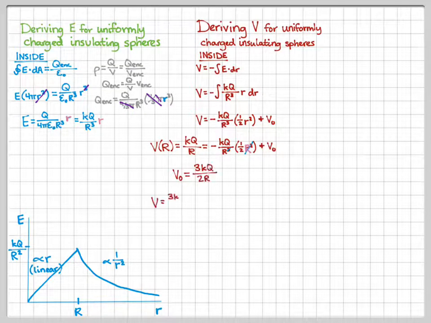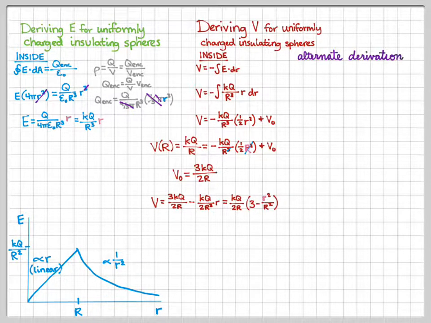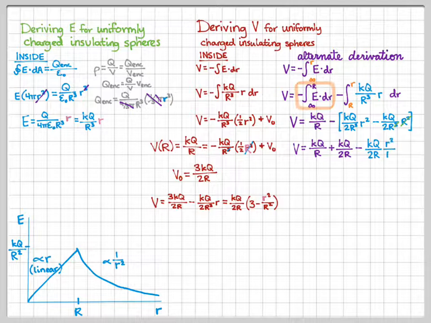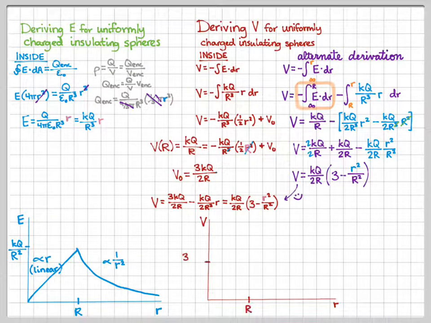So this first method I have for deriving voltage here in this middle column is doing an indefinite integral and having, quote-unquote, V naught as my constant of integration. Like, it's the plus C that people tend to forget when they're doing indefinite integrals. So again, that boundary condition at big R, at the surface of your insulator, has to be continuous.